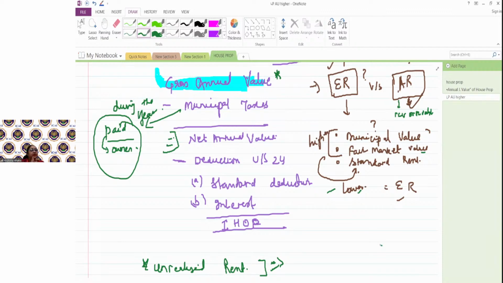I tried everything in my own way, but since the rent is unrecoverable, it becomes unrealized rent. So unrealized rent has two possible treatments. One treatment which is given in the Income Tax Act is that you reduce it from actual rent. Reduce the unrealized rent from actual rent, then compare with expected rent.